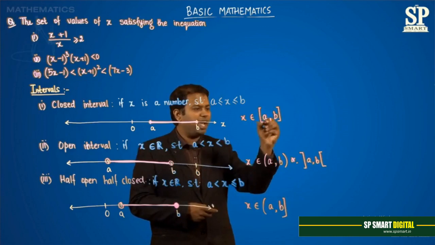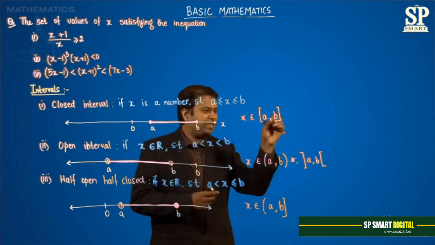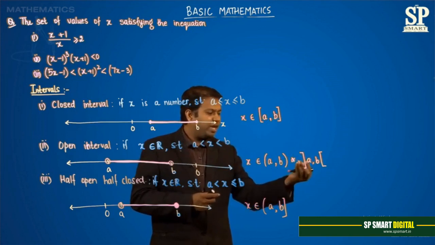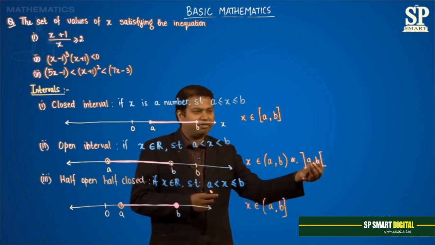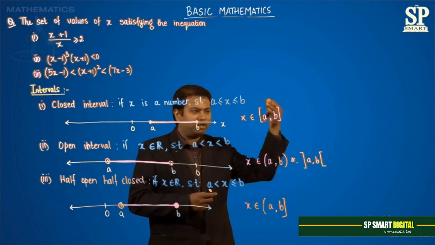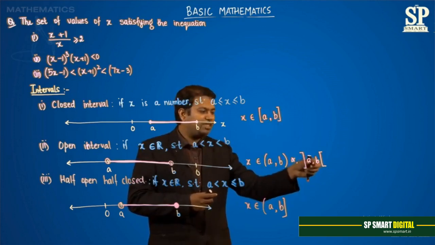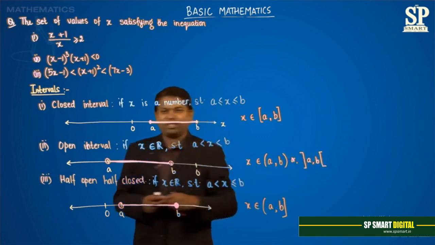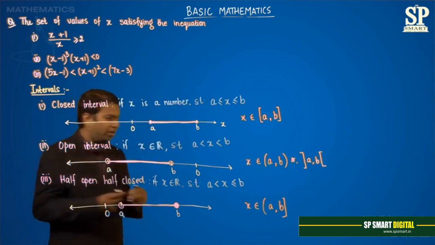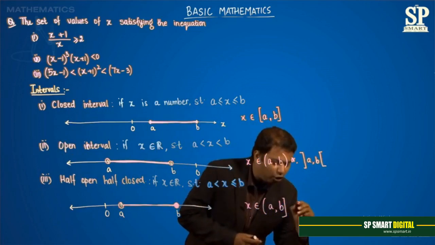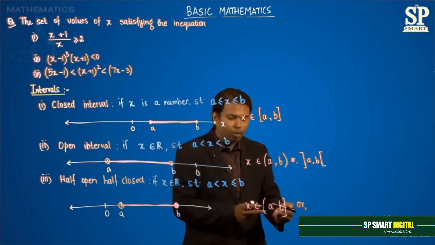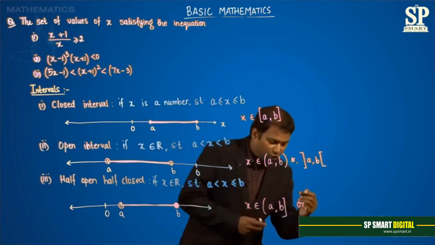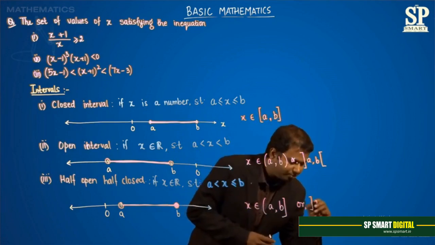If these two lines were inside, it means they were included, and since we have turned them around, we have done a rotation along the vertical line, now it means A and B are not included. So this is another way of representation of the open interval. So again, similarly, we can also represent the half open and half closed set or interval in the following manner.